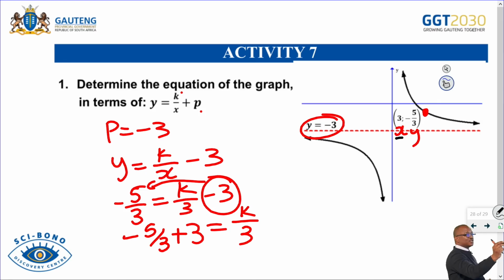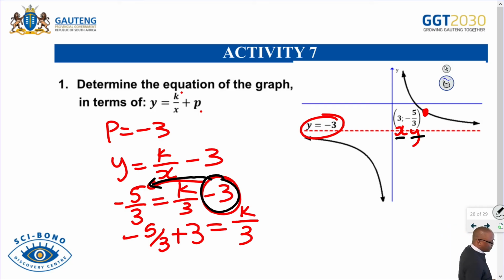Remember, I'm substituting x and y. So our x is 3, our y is -5 over 3. Then the unknown is k. So we transposed this negative to the left-hand side and it became positive.